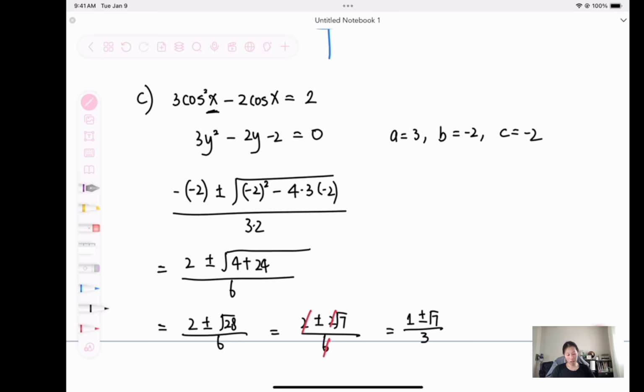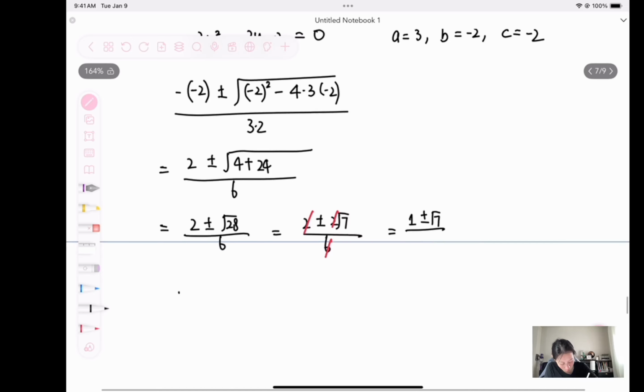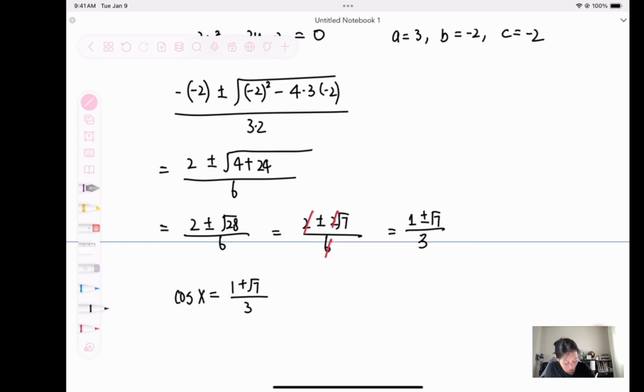Now, that's the value for y, so that means our cosine x is either equal to 1 plus square root of 7 over 3, or cosine x equals 1 minus square root of 7 over 3. One of these.